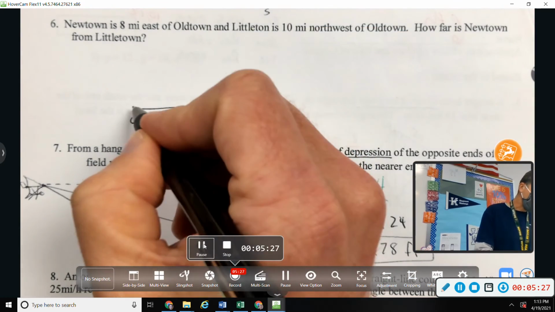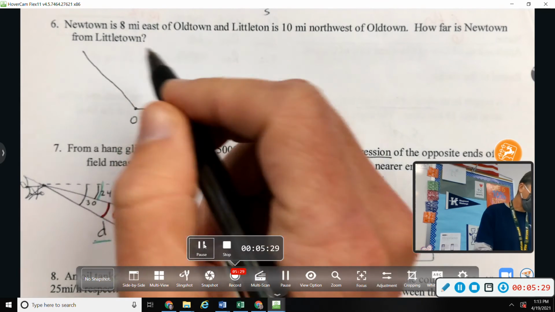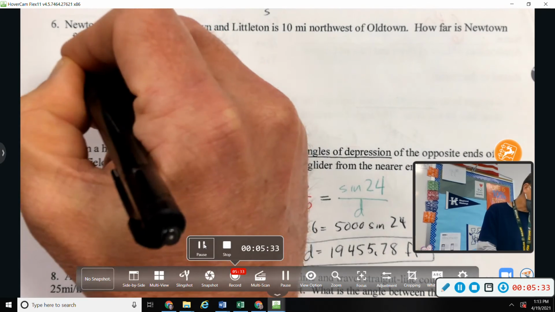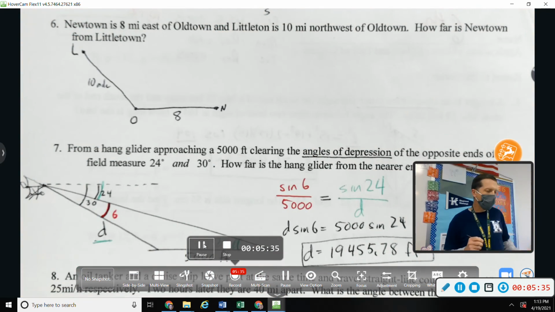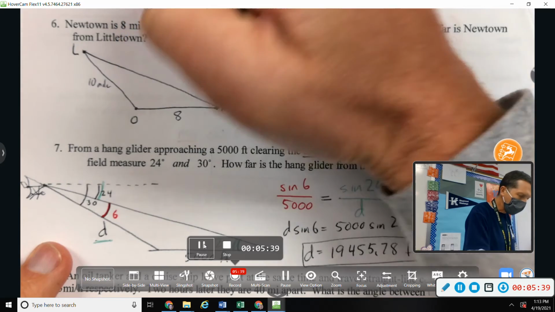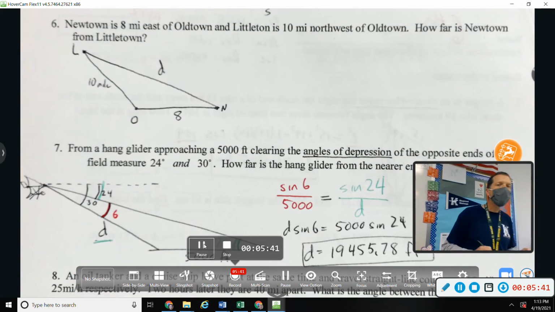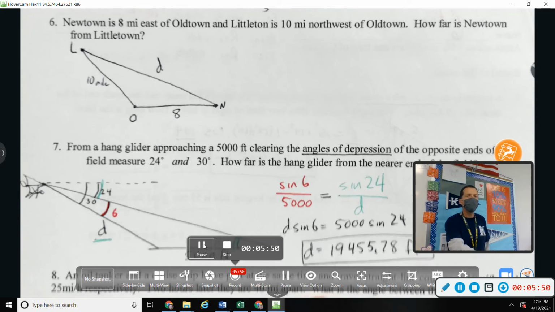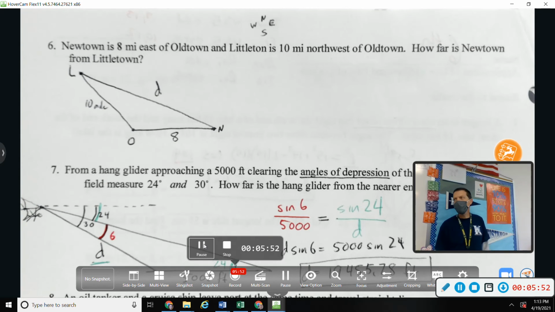So northwest would be out this way, 10 miles to Littletown. How far is it from Newtown to Littletown? So that distance. Now I hope everyone could get that far, because that's just a matter of knowing your cardinal directions there.